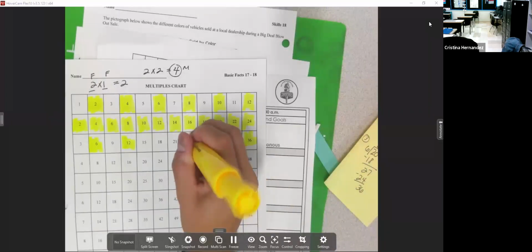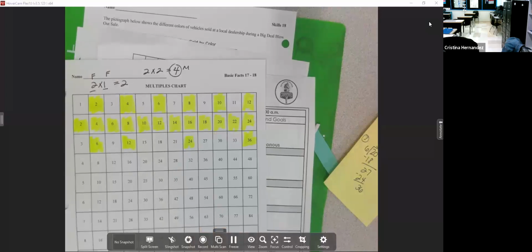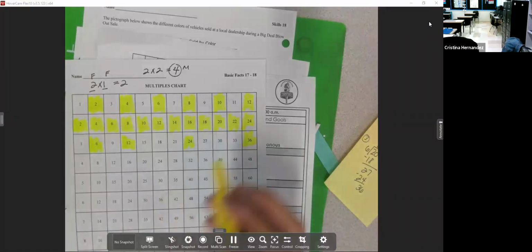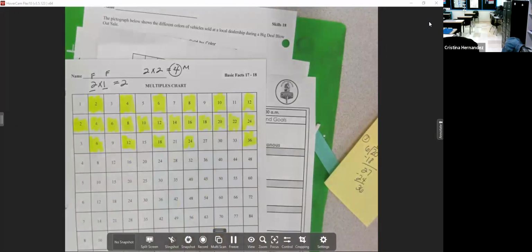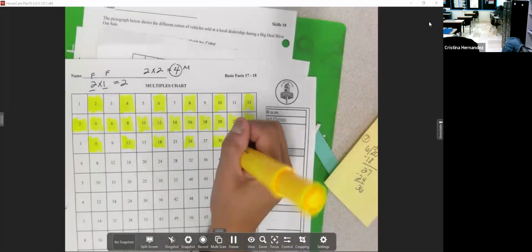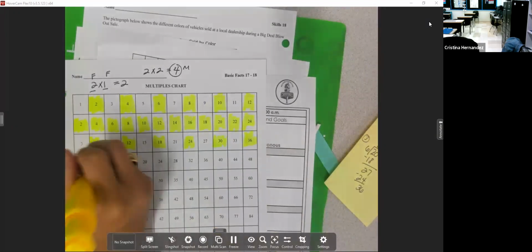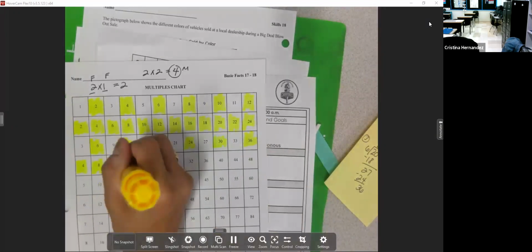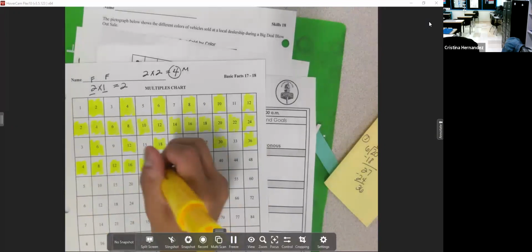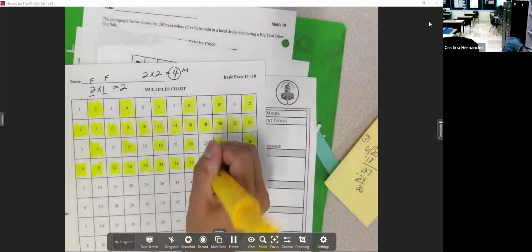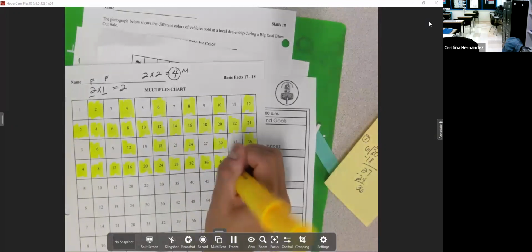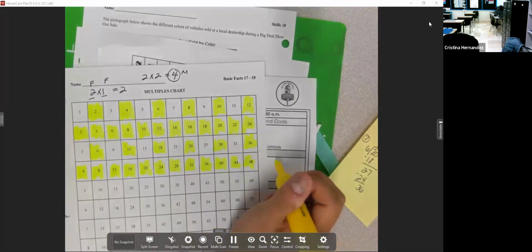And remember, if it ends in 2, 4, 6, 8, it's divisible by 2. So 18 would be another one. Oh, 30, yeah, because it's 2 times 15. You got 4, 8, 12, 16. These all are 20, 24, 28, 32, 36, 40, 44, 48.